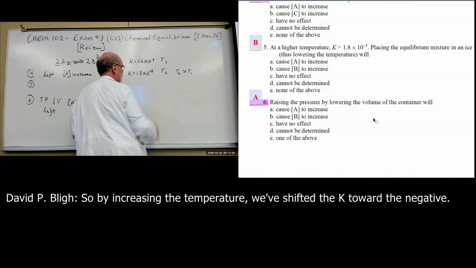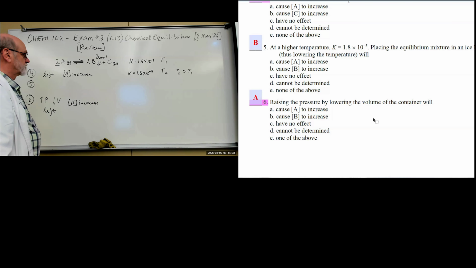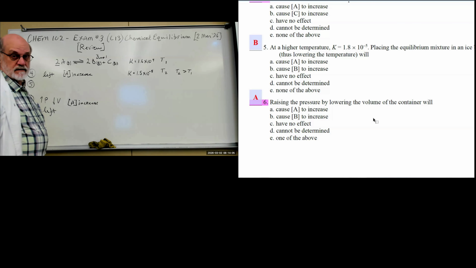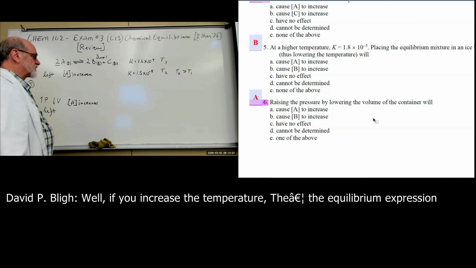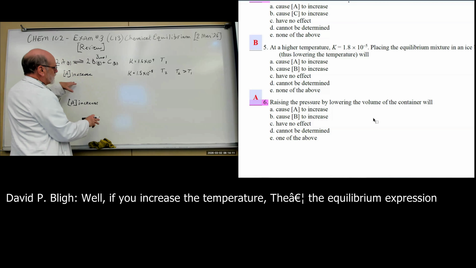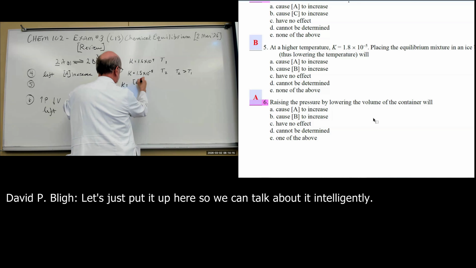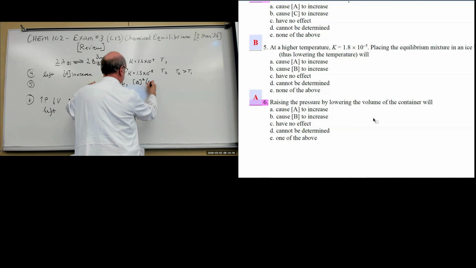So by increasing the temperature, we've shifted the K toward the negative. So what does that mean? Well, if you increase the temperature, the equilibrium expression, let's just put it up here so we can talk about it intelligently.